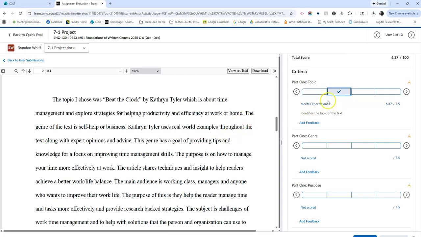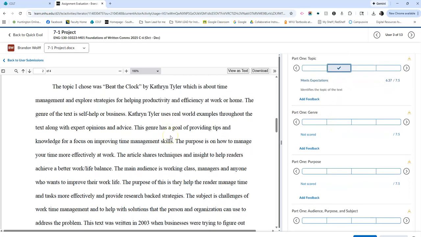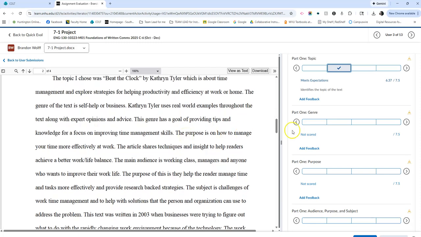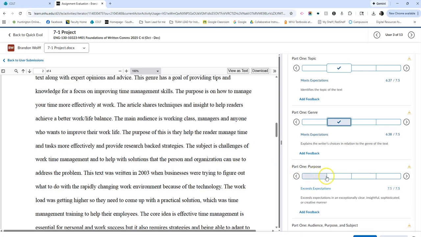I'm going to give you meets on that just because you did answer these points, but you didn't do them the way they're supposed to be done. So topic, you've mentioned the topic, the genre, the purpose.